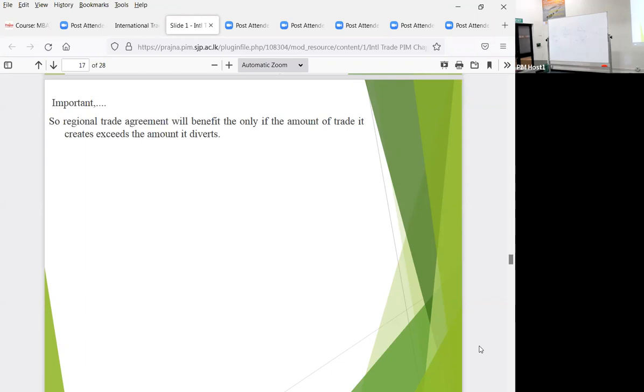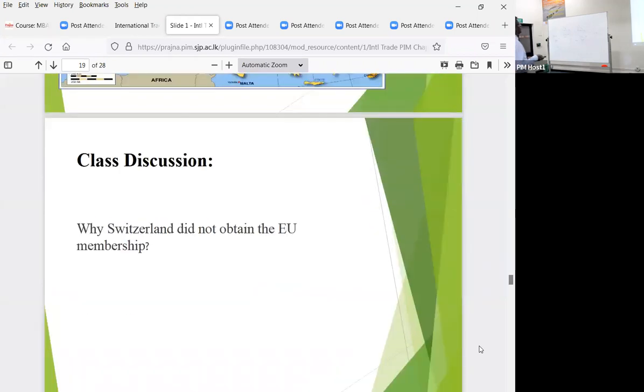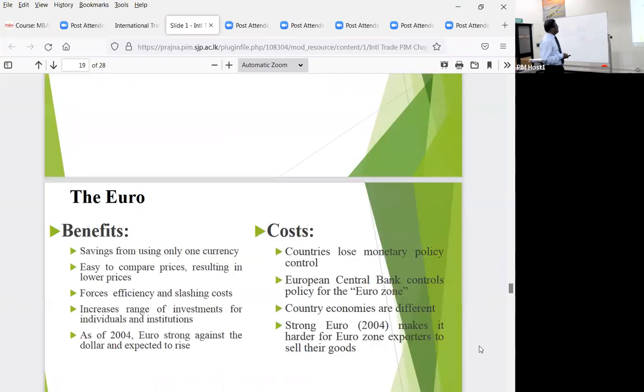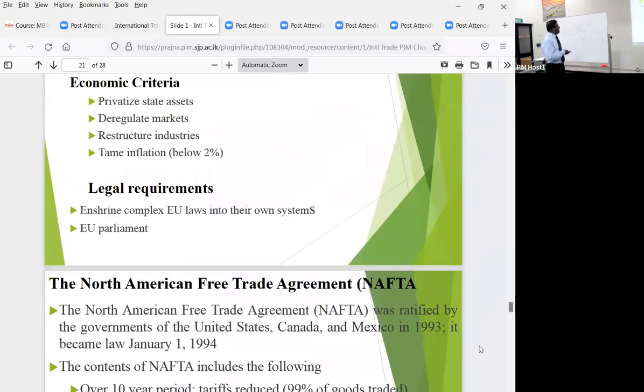That decides whether you fit into that or not. Then we talk about the European Union. Yes, this is why Switzerland is not a member. Right. Then the euro. These are political criteria, then economic criteria.